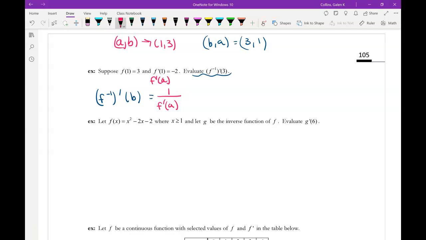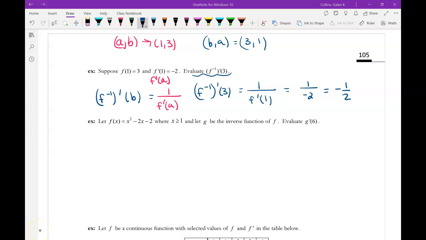If I fill in what I've got here, the derivative of the inverse of f at 3 is going to be 1 over f prime of a, which is f prime of 1. So it is relevant that we are told that f prime of 1 is negative 2. So 1 over negative 2 is just negative 1/2.